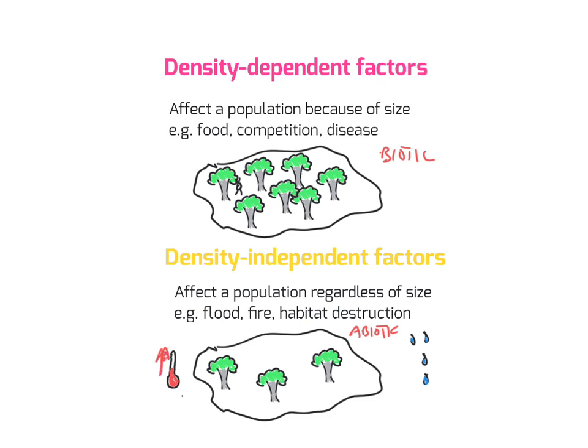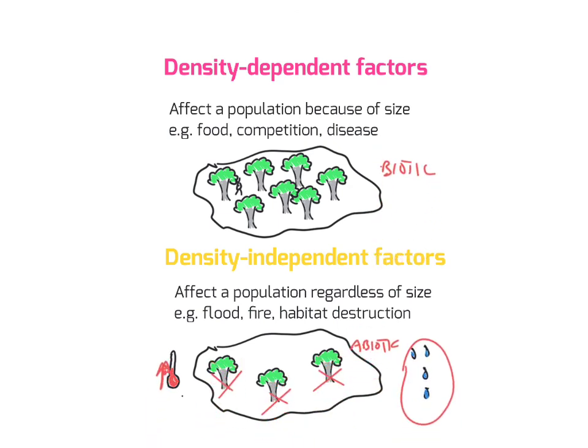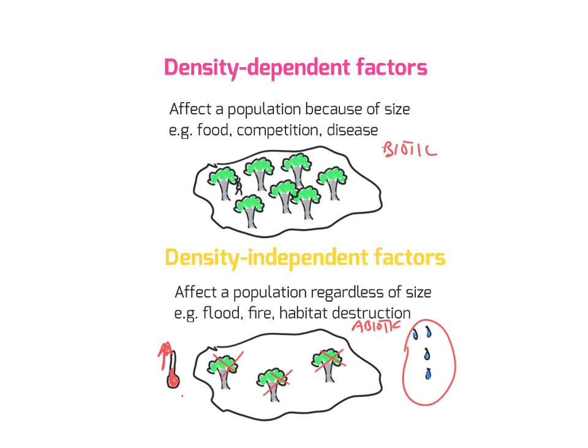For example, if the temperature goes up and we get a fire which knocks out trees, or we get some flooding here, that's going to affect it regardless of whether there are very few trees involved or a lot of trees involved. So two different types, density-independent or density-dependent. Density-dependent has to do with the size of the population. Density-independent factors do not.